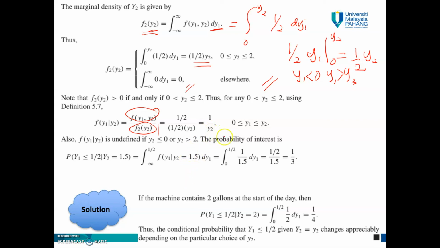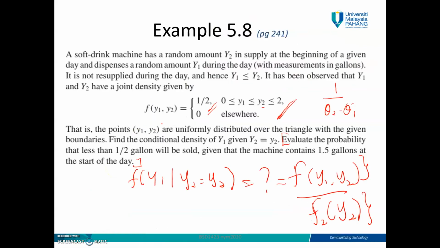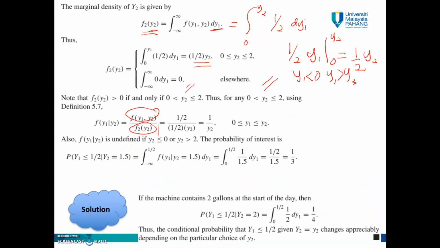Alright, and then the probability of interest, the application. If you look here, evaluate the probability that less than half gallon will be sold given the machine contains 1.5 gallons. So the machine contains 1.5 gallons, which is your y2, and y1 is less than half. So that's when y1 less than half given y2 equal to 1.5.